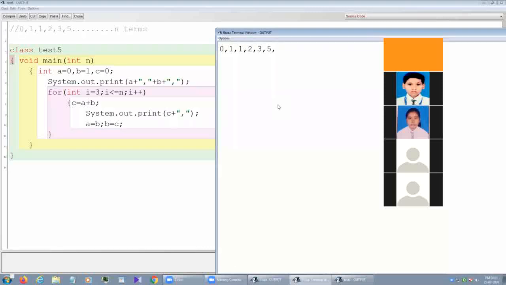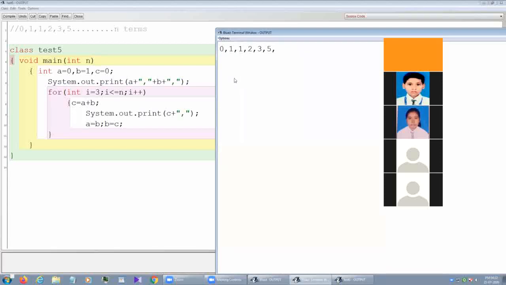So first C equal to A plus B. What was the value of A? 0. What is the value of B? 1. 0 plus 1, what is it? 1. So System.out.print C. What will it print? 1. Next, A is equal to B. After printing this 0, 1 in the series, we have 1, yes or no?